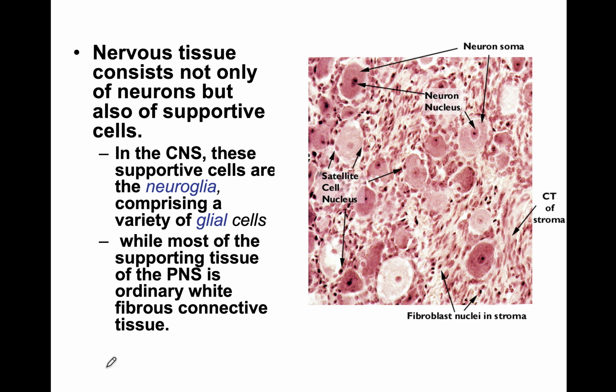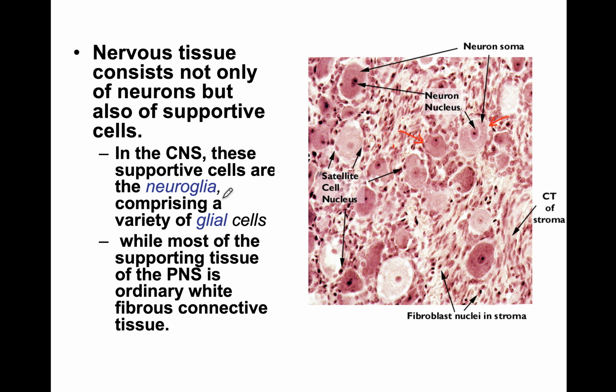As I said, the nervous system consists of neurons, and the collection of neuronal cell bodies is called the gray matter, and the collection of the neuronal processes is called the white matter. Usually in the central nervous system, not only do we see the neuronal cell bodies, we can see other cells, like all of these cells we see here. These cells are called neuroglia, and they are the supporting cells of the nervous system.